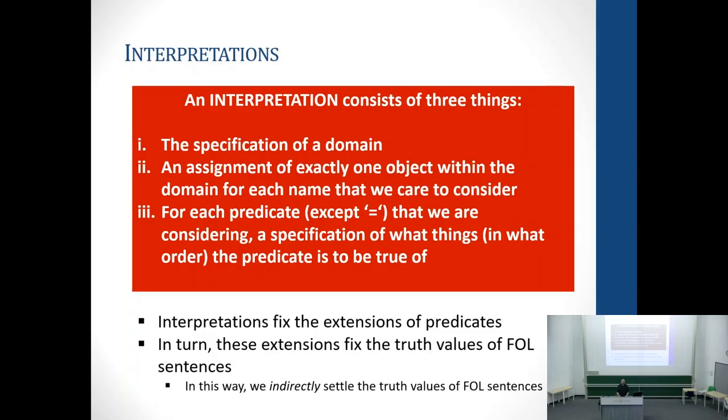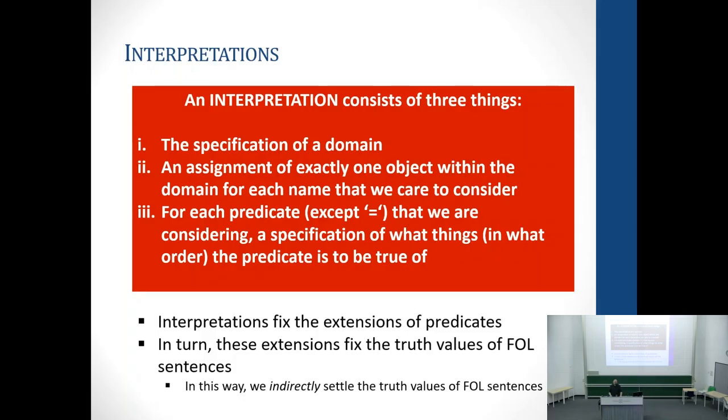By fixing extensions, it's telling us what objects satisfy or fail to satisfy the predicates, so it fixes the truth value of the base units, which then will in turn determine what happens with all of the truth functional connectives, because they behave exactly like they did for TFL.